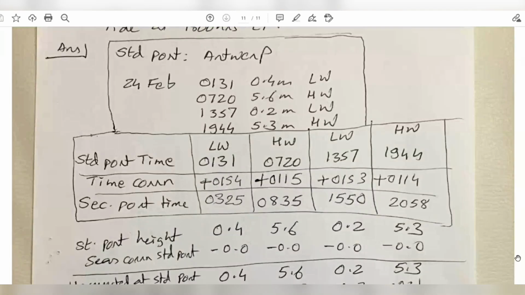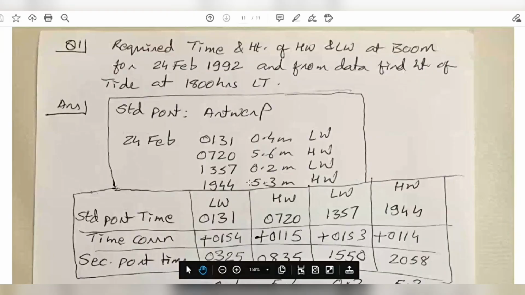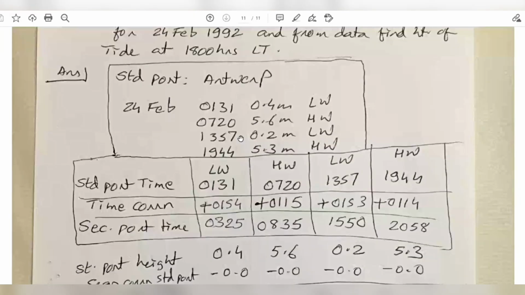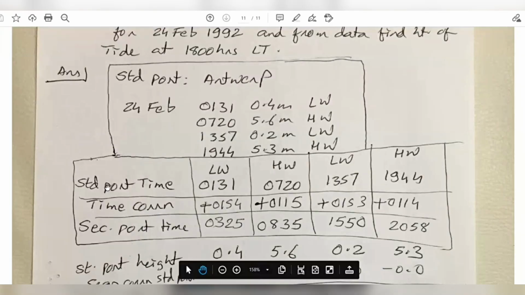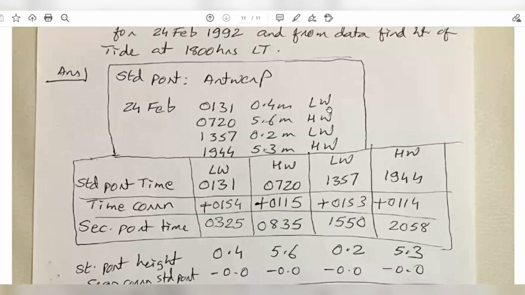Now come to this conversion, how to convert. This data you have written down, 24th February, 0131 low water, 0725 high water, then again low water and high water. Then make this table in which you write standard port time, correction, secondary port time, and put the same series, starting from low water, high water, low water, high water: 0131, 0720, 1357, 1940.